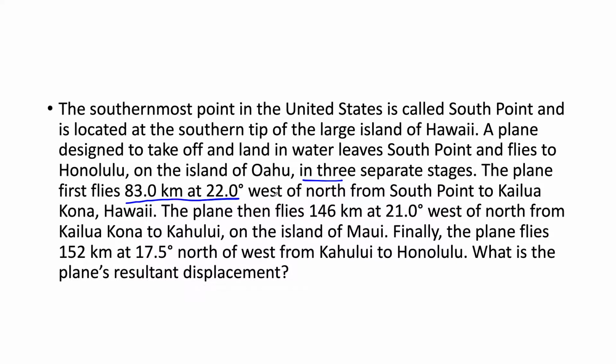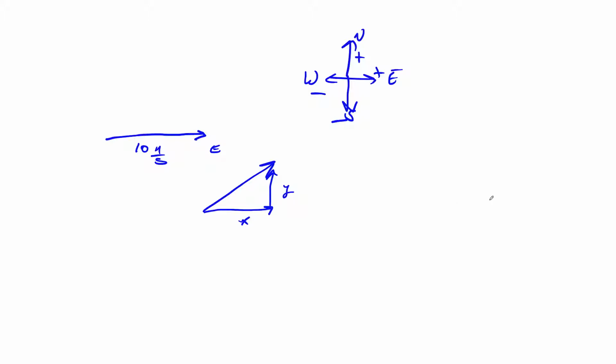So let's go back to here and look at the compass rose again. This is north, and we usually assume this is 0 degrees. 90 is east, 180 is south, and 270 is west. I'm just reviewing all this.